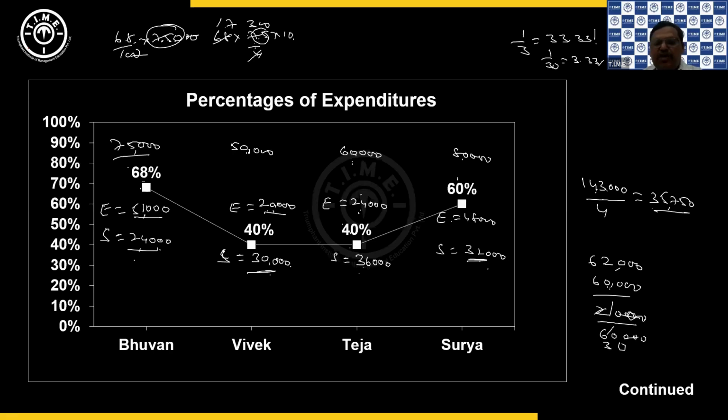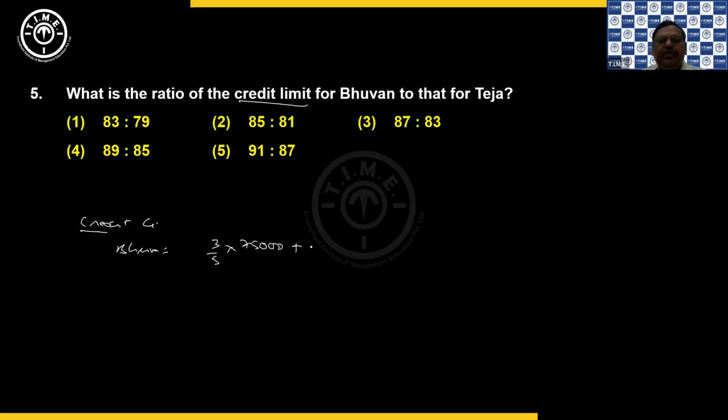Savings is 24,000. 2/5 of 24,000. So 3/5 of 75,000 is 45,000, plus 2/5 of 24,000, which is 9,600. It is 54,600. That is for Bhuvan.